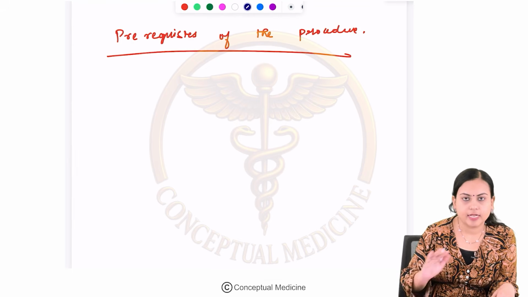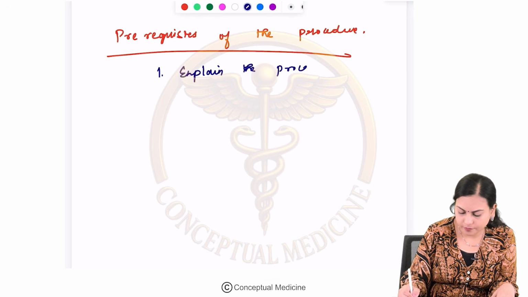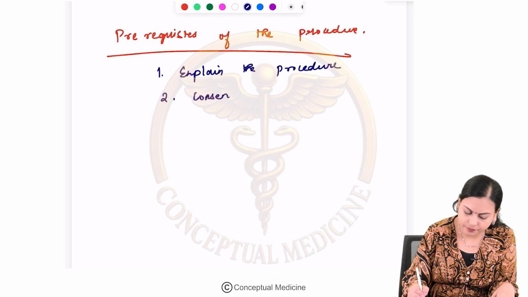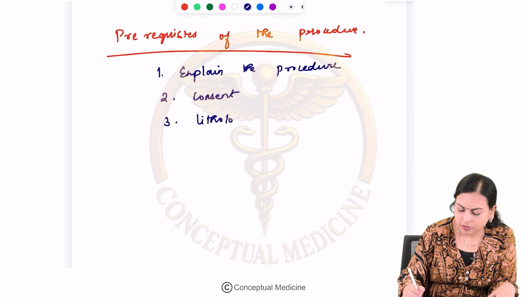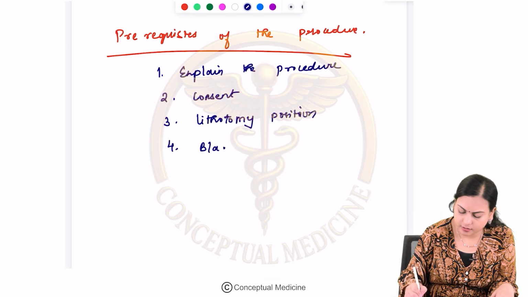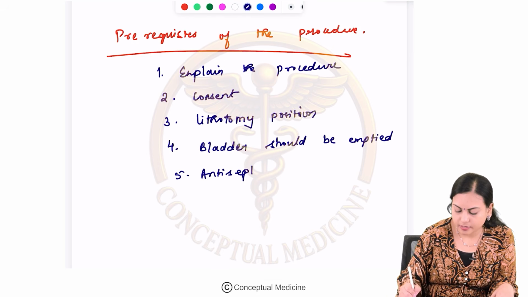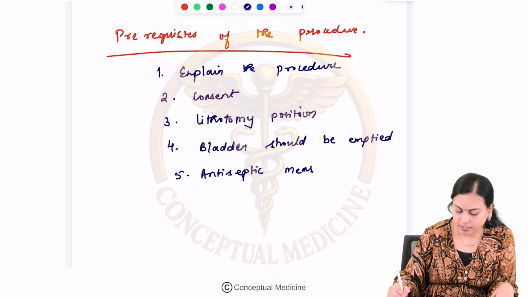So, anytime you are going to explain the procedure to the patient and get the consent as well. Patient should be placed in a lithotomy position, bladder should be emptied and antiseptic measures should be carried out. Okay, that is cleaning up of the vagina, perineum, everything should be done.